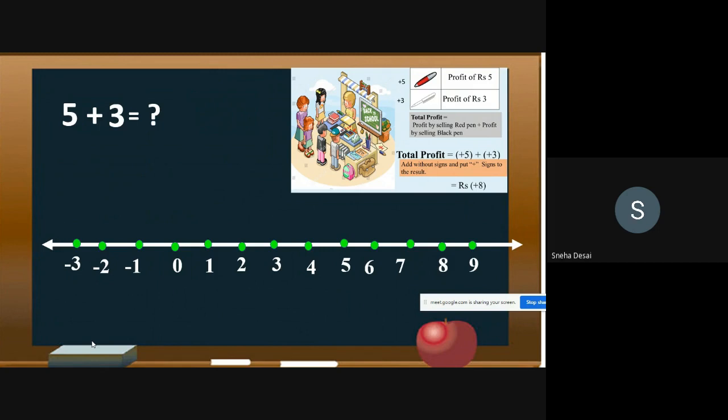Plus 5. Yes, plus 5 is the first integer. Since it is a positive integer, we move 5 places from 0. By doing this, we reach at point 5. Now the second integer is plus 3. Since it is also a positive integer, we move 3 places to the right of 5. Where do we reach? 8. Which is the result of plus 5 plus 3.